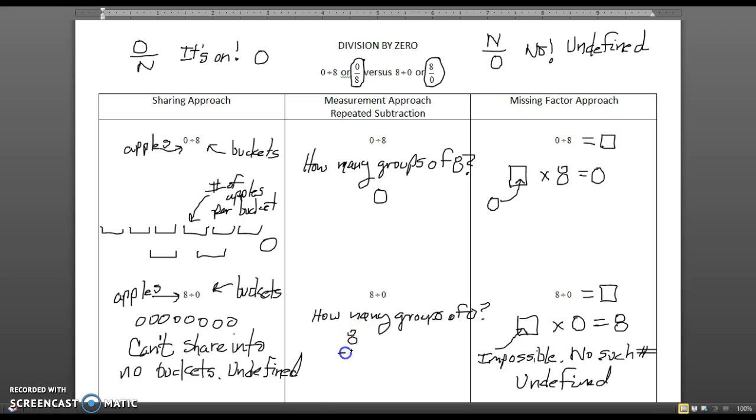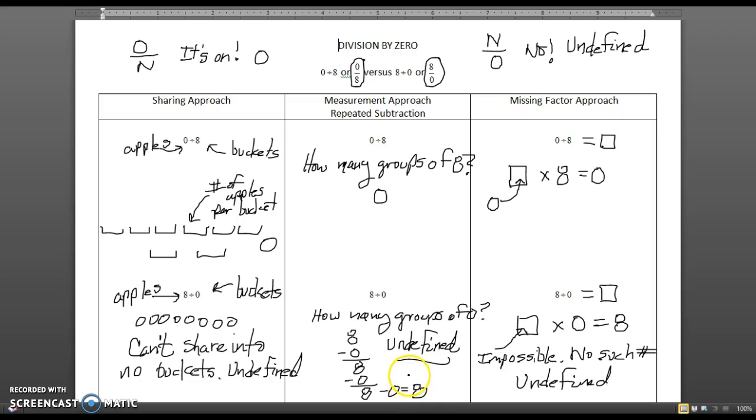If I start with 8 and I subtract 0, I get 8, and I subtract 0, and I get 8, and I subtract 0, and I get 8. So there's no way I'm ever going to finish this. So if I'm saying how many groups of 0 can I get, I can't get an answer to it. I can subtract 0 from 8 for the rest of my life, and I'm never going to run out of objects. So again, we have this situation where we say division by 0 is undefined.